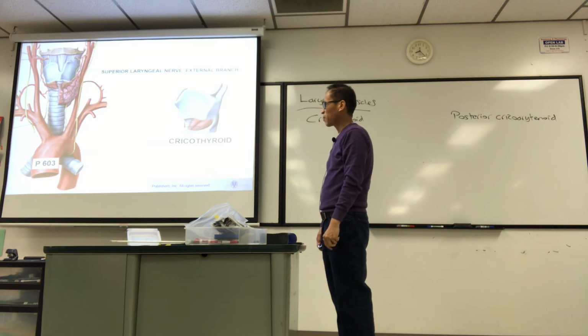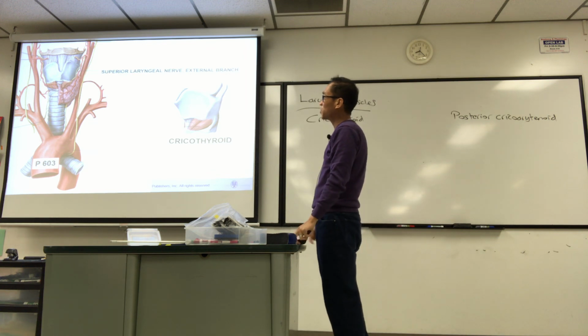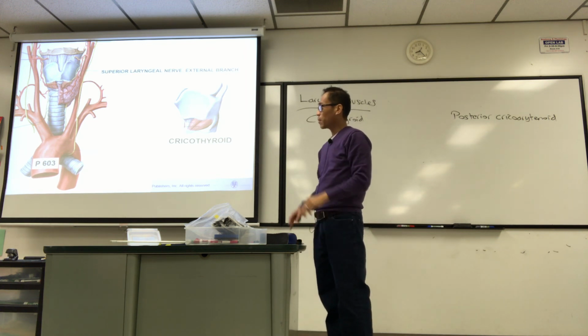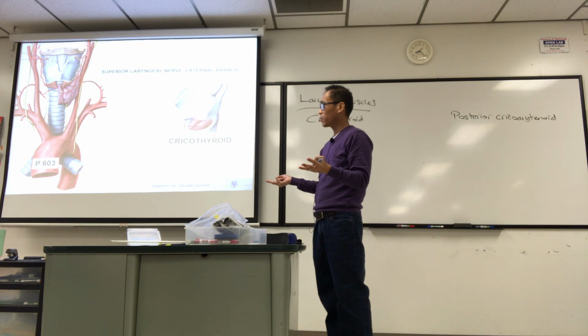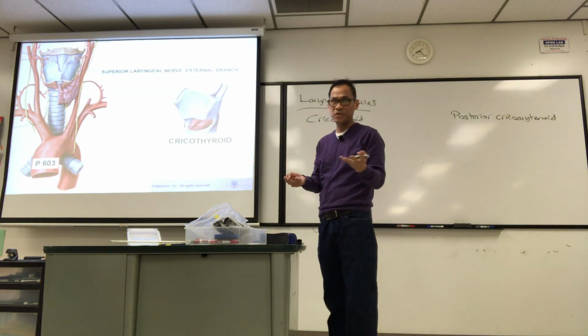All right, the innervation of the cricothyroid is the superior laryngeal nerve, external branch. I'll just say superior laryngeal nerve. These are all branches of the vagus nerve, okay?